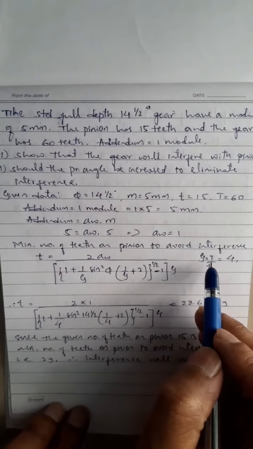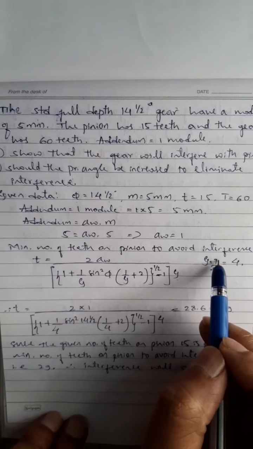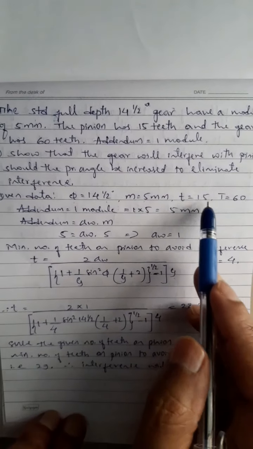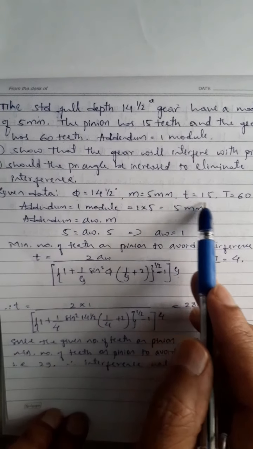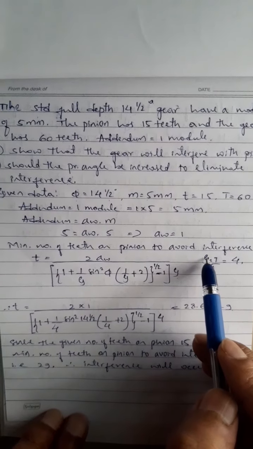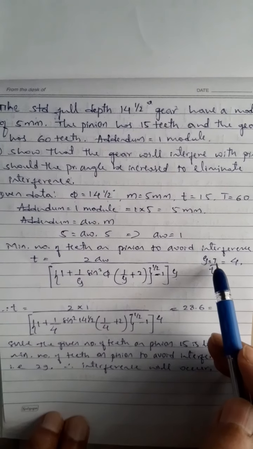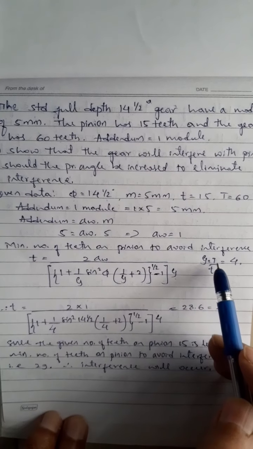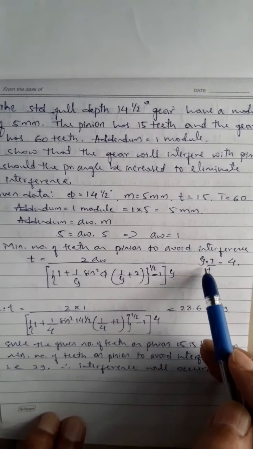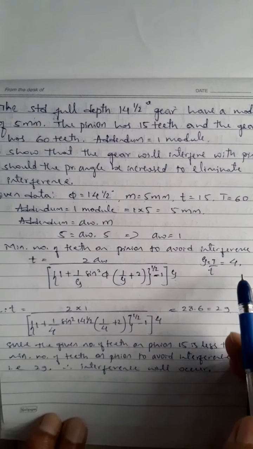Here they have given the number of gear teeth as 60 and the number of teeth on the pinion as 15. We know that the gear ratio is the ratio of capital T by small t. So 60 divided by 15, we get the value of g as 4.